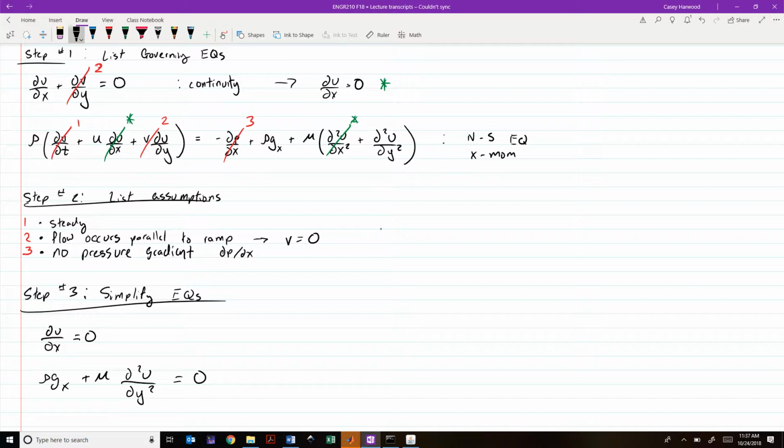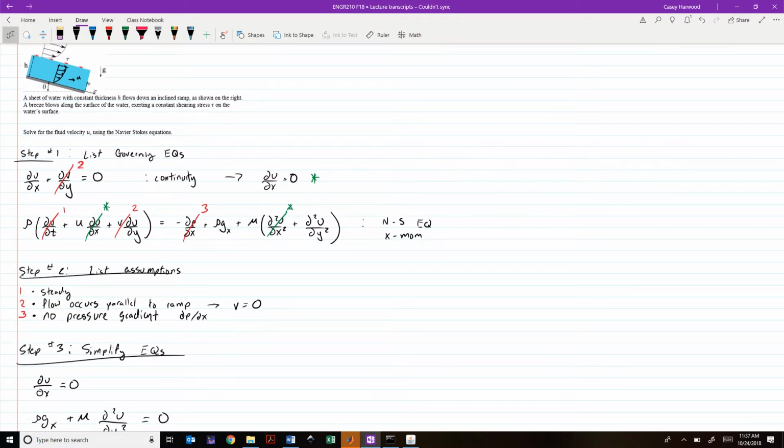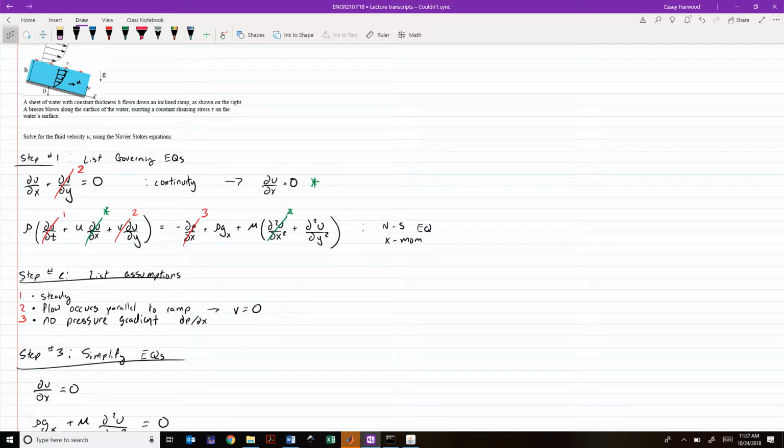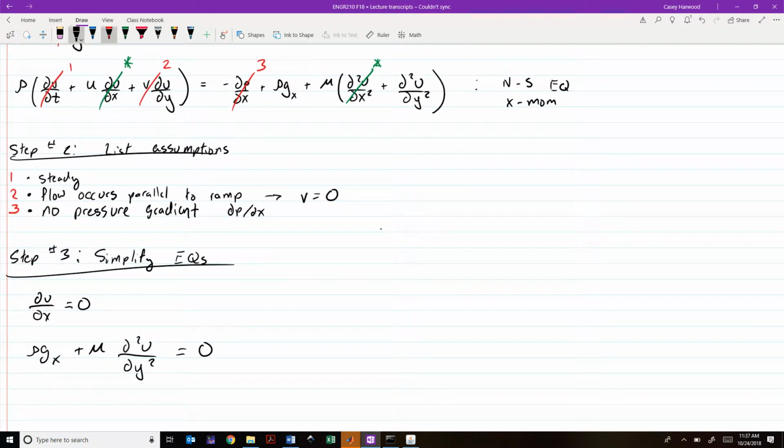Okay, if we look back up here, g is acting down vertically, which means that gx can be written as g sine theta.